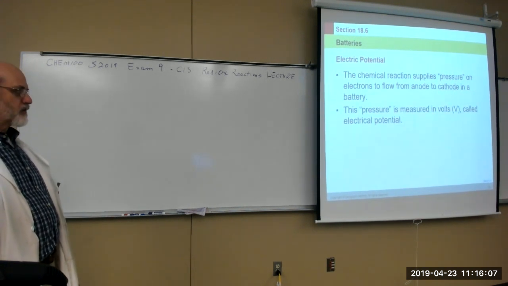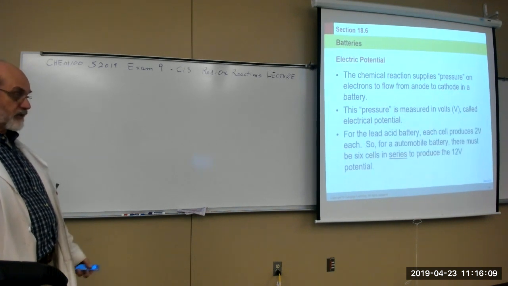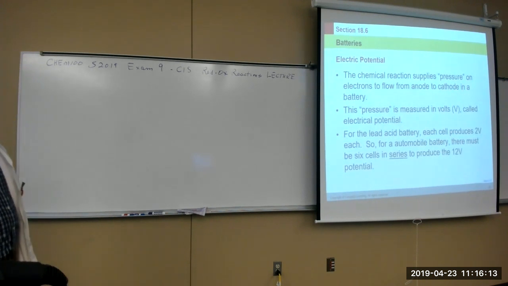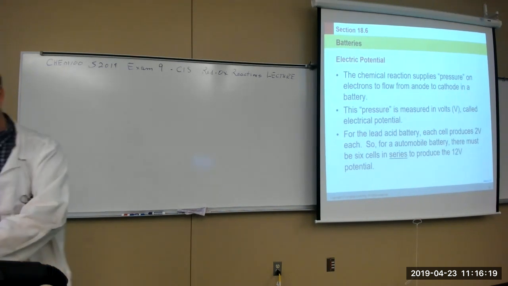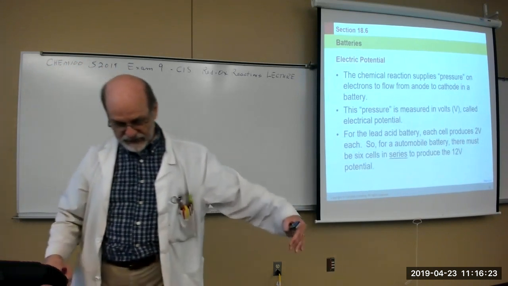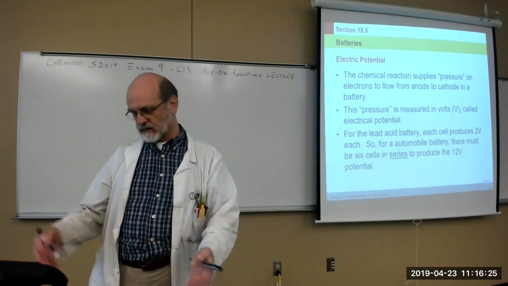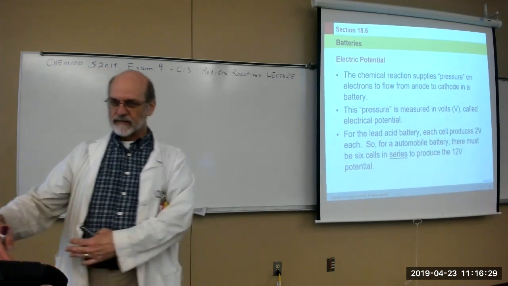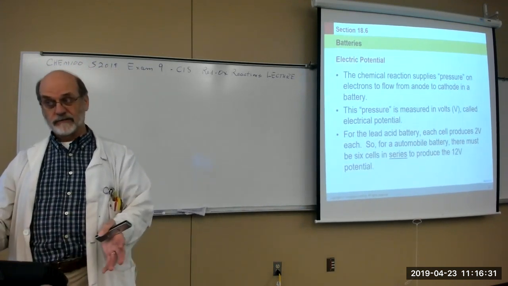So this pressure is measured in volts. Electrical potential is another word for it. If you put those cells in series, you add up the voltage. If you put them in parallel, you just put batteries side by side and connect the positive terminals all the way down this side and the negative all the way down that side. You only get the voltage of the individual batteries, but it'll last longer.